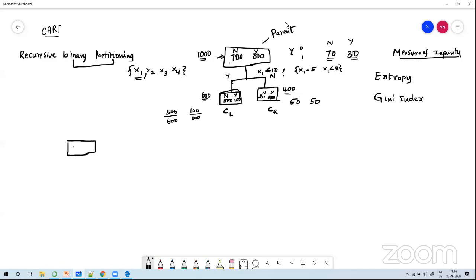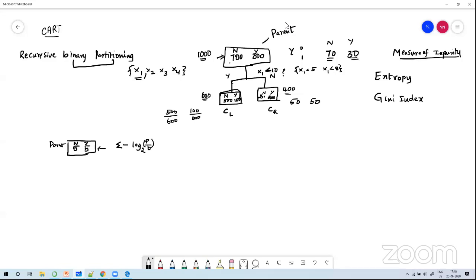Let's say we have 5 observations here and 5 observations here. This is no, this is yes. So this is your parent node. Now, to measure the impurity at this node, we use the negative sigma of p_i by t times log of p_i by t to the base 2.